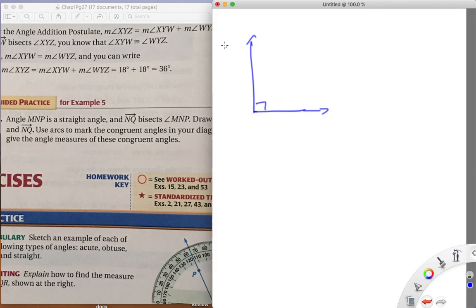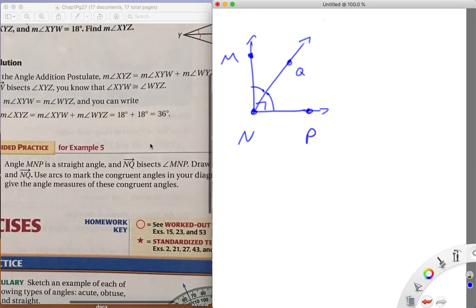MNP, and then we have some ray NQ. And it cuts it in half. And I know that it cuts it in half because it gives me the markings.